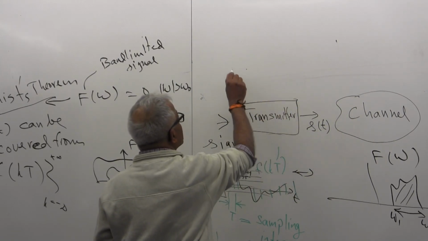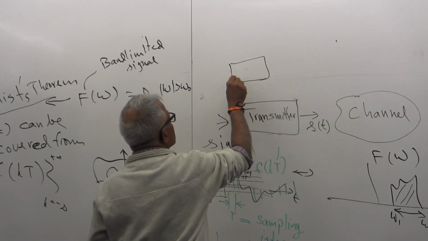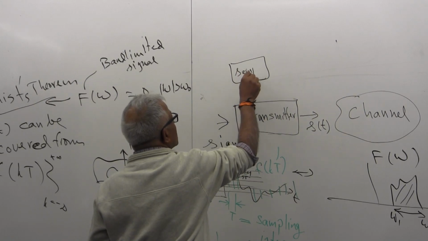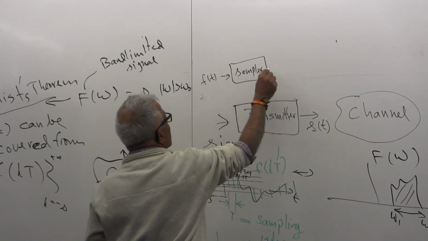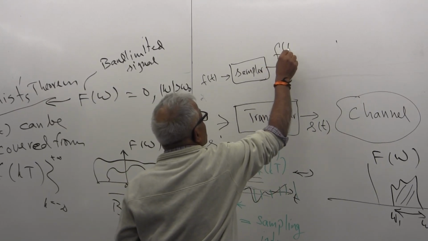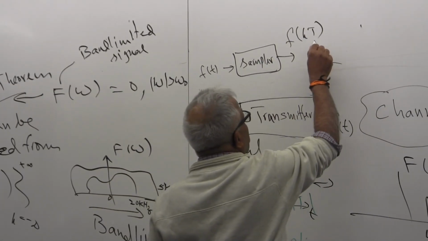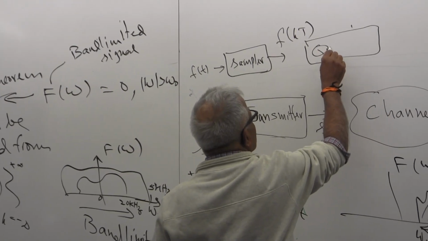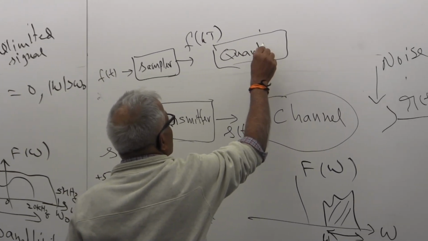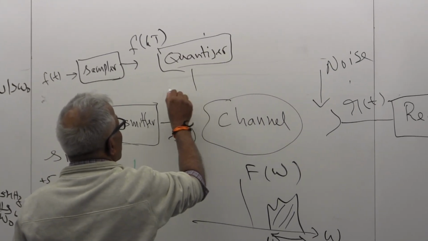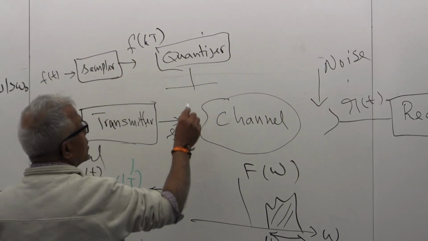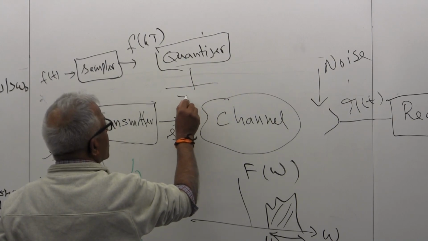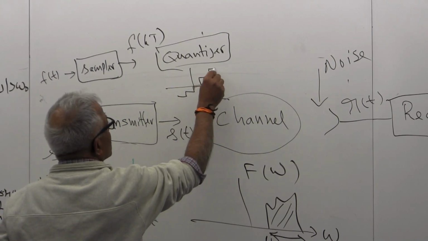The first stage is a sampler. So f(t) becomes f(kT). And because this has infinite values, we pass it through a quantizer. So a quantizer is like this, right? The x value is what is coming in. So a quantizer will look like this.